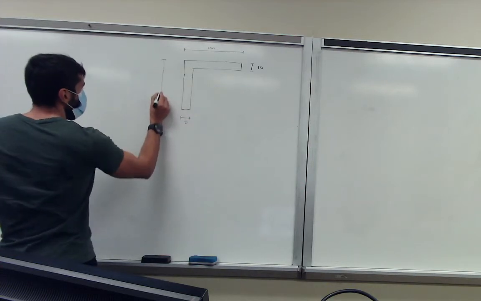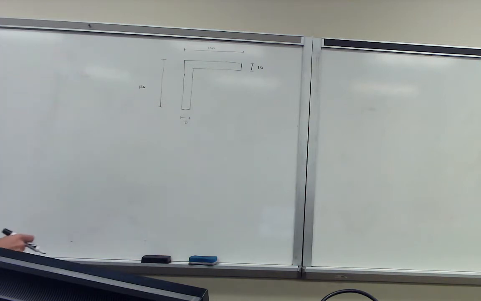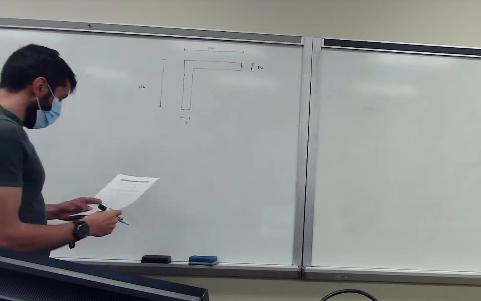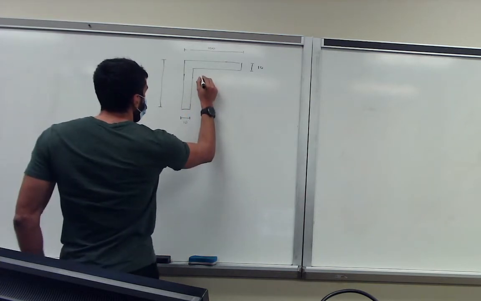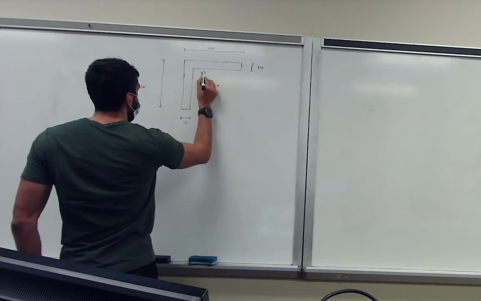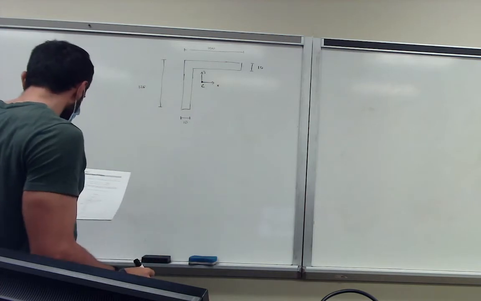And this one is 125. I think in the book they ask you to find, given a coordinate system x and y, this is our centroid. You have to find the centroid, and I think they say assume that you have a distributed load.